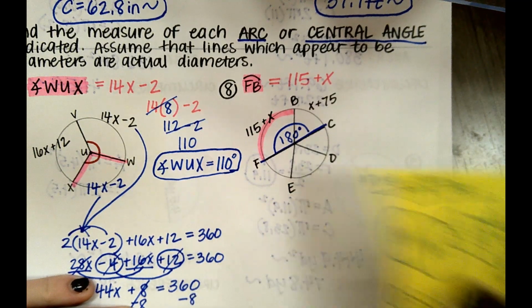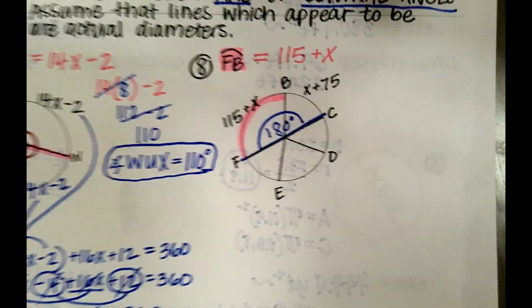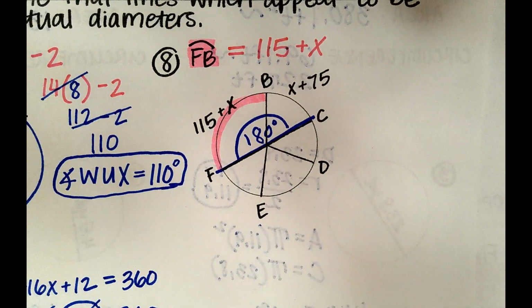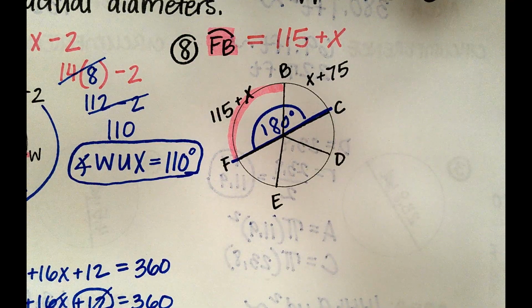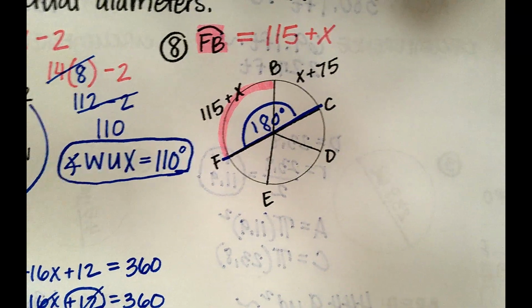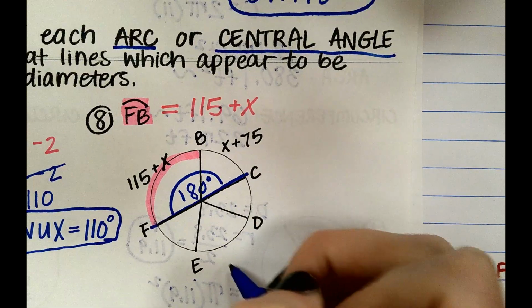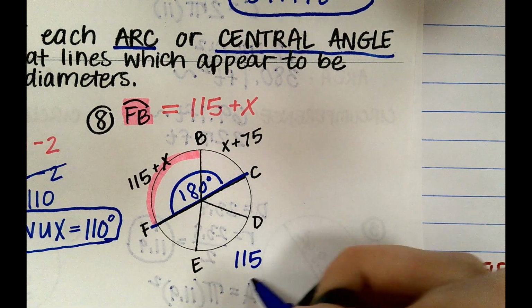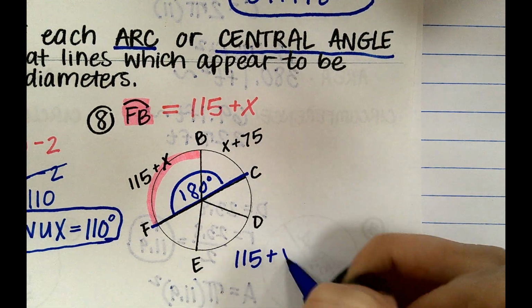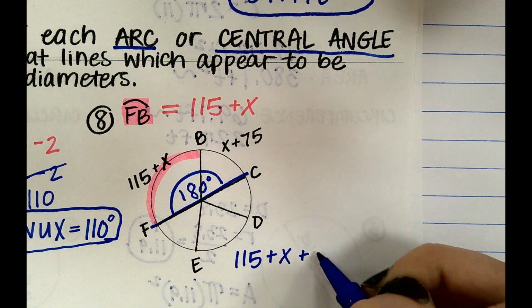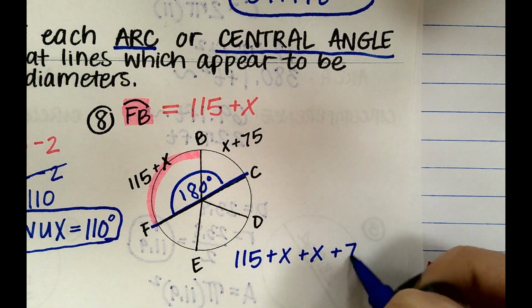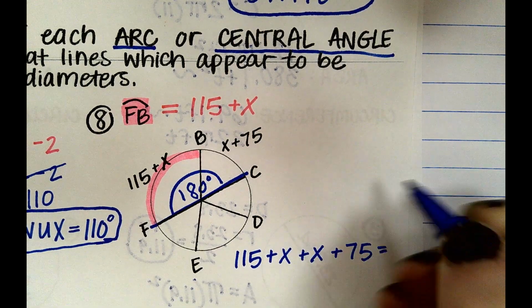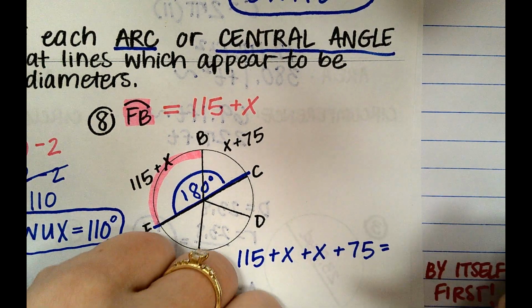So what equation could I write to solve for x here? 115 plus x plus x plus 75. Good. 115 plus x plus 75 equals 180.